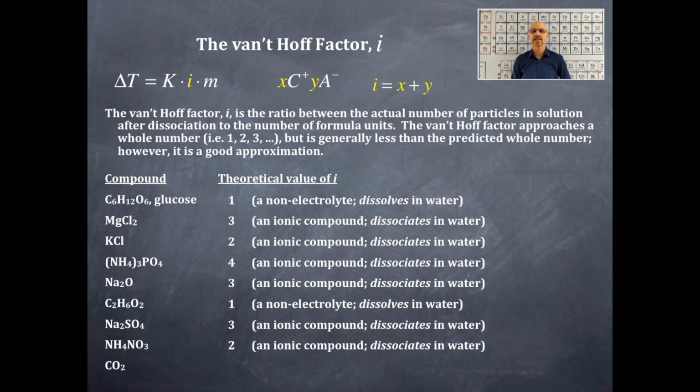That is most certainly a molecular compound. So the Van't Hoff factor here for carbon dioxide is a 1 because it is a non-electrolyte. Okay, and in a future unit, we're going to be talking about electrolytes and non-electrolytes. Electrolytes conduct electricity in water, in solution, and non-electrolytes do not conduct electricity in water, in solution.